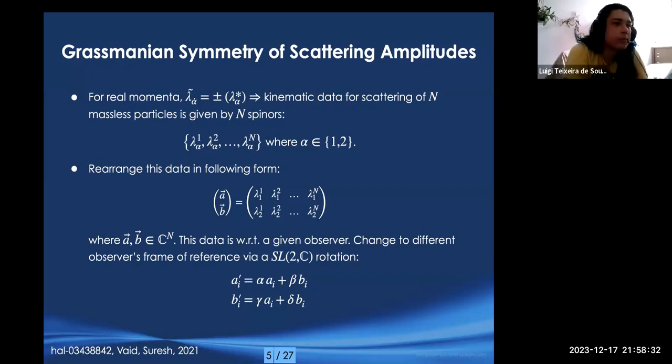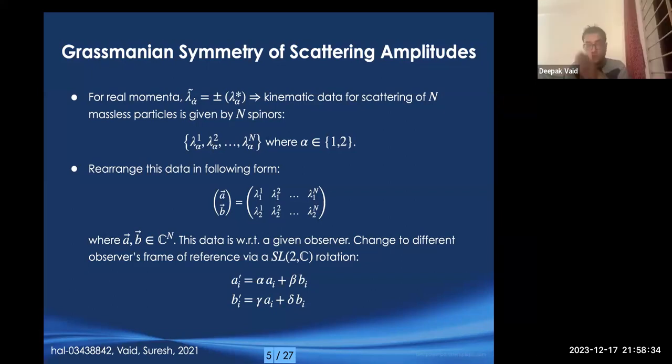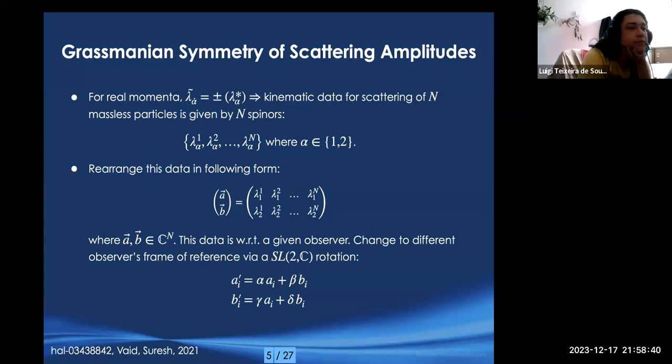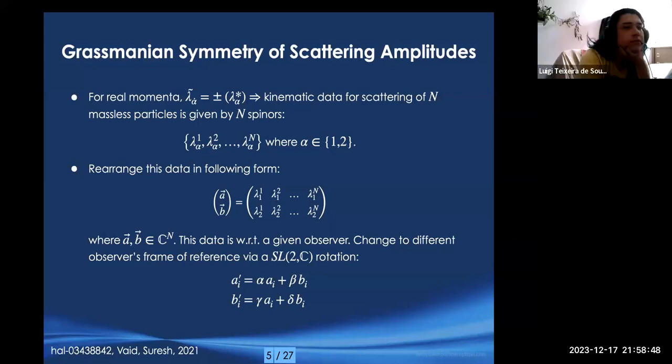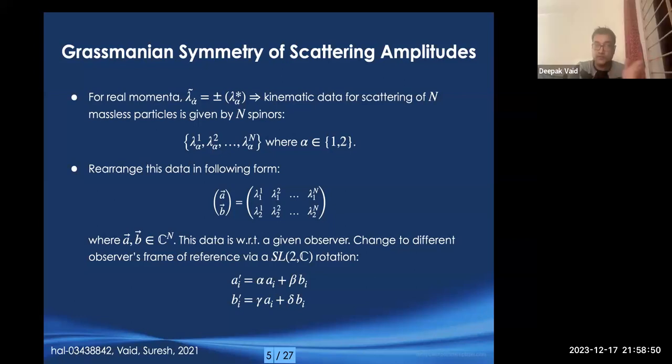Each one of those column vectors transforms according to that same matrix. So alpha_i prime can be written in this way, and beta_i prime can be written in this way. And this is true for all the components, i from 1 to n.